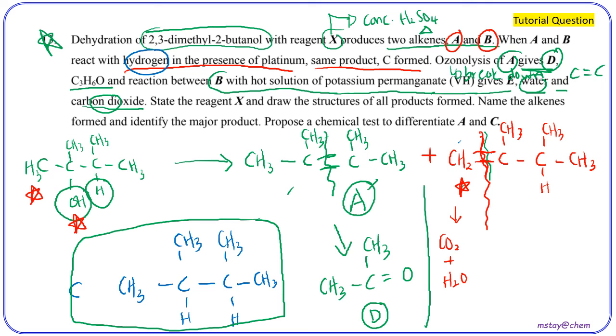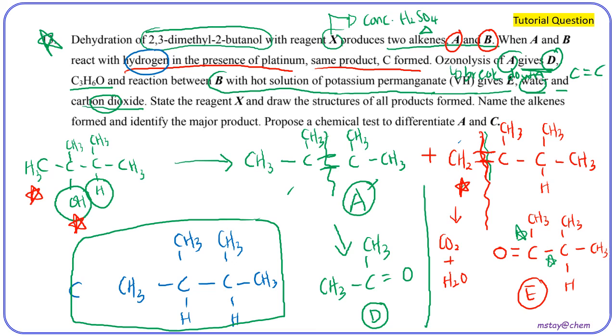However, here we maintain the other carbon, with CH3, CH3, CH3, H. This single bond is bonded to an alkyl group, and this single bond is also bonded to an alkyl group, which means we only need to add the oxygen at the double bond. So this is the structure for E.